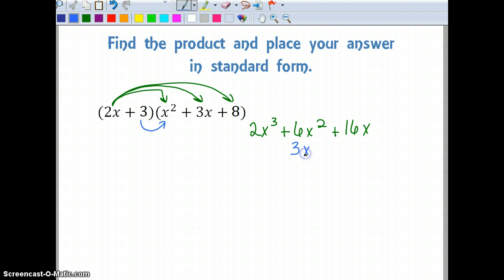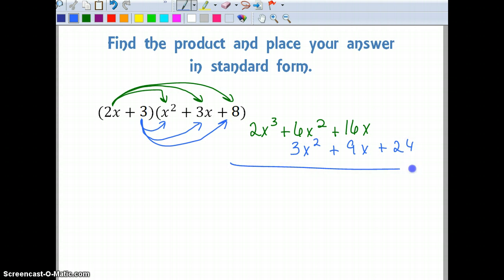Now this one's a little bit bigger, so I'm going to line mine up using the vertical method. But you can use the horizontal method if you would like. 3 times 3x gives me a positive 9x, and 3 times 8 gives me a positive 24. I'm just going to go through and combine my terms.